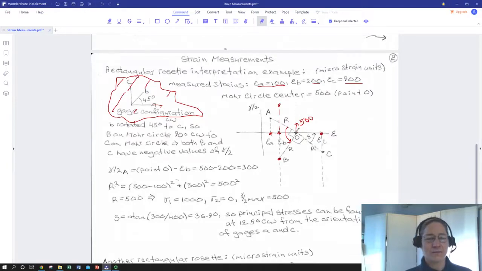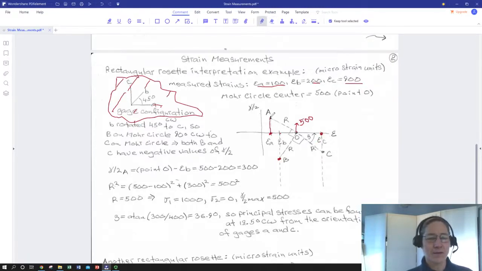So let me erase here. Knowing that we're down on that counterclockwise path, we can erase here. Now we pull out our congruent triangles relationship, and this is just literally right angle trig.